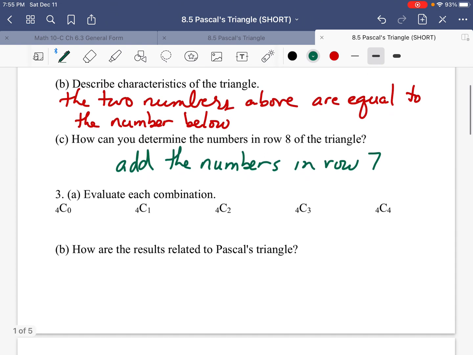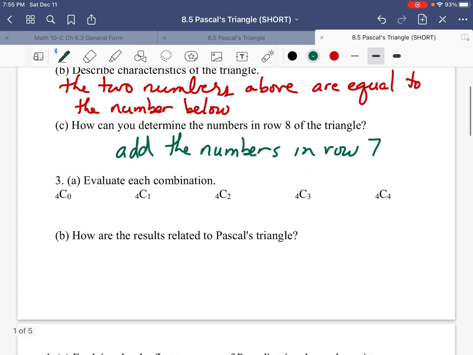All right? Now, what I'm trying to show here is that, my apologies, evaluate each combination. 4C0 is 1, 4C1 is 4, 4C2 is 6, 4C3 is 4, 4C4 is 1. Now, look at this, and there's two things I want to stress here.